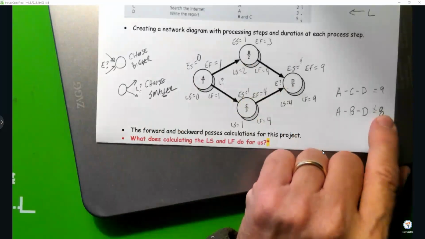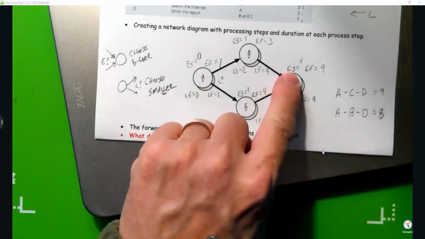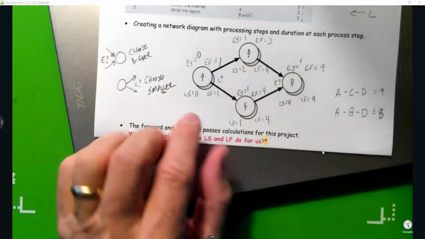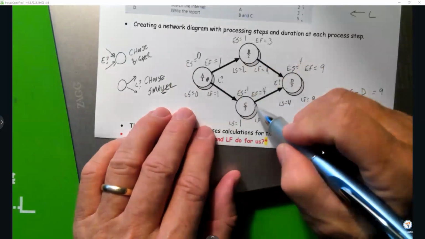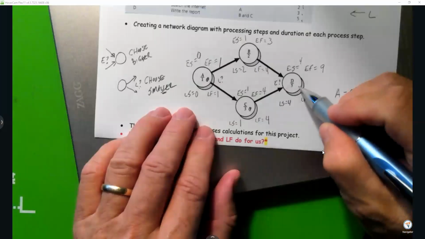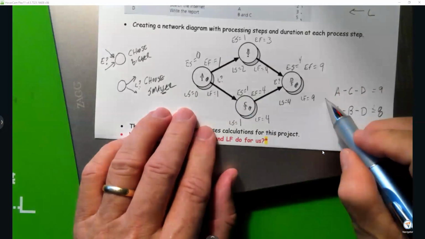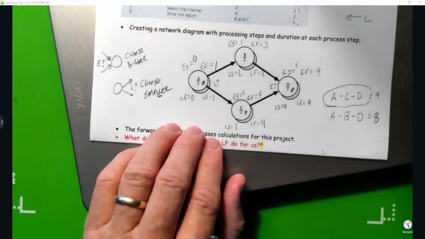This path takes 8 days to complete. This path takes 9 days to complete. The critical path is the one that takes the longest, which is, I just said, this one, and this one. That is the critical path. It's the one that takes the longest.